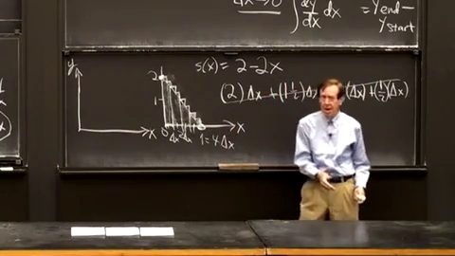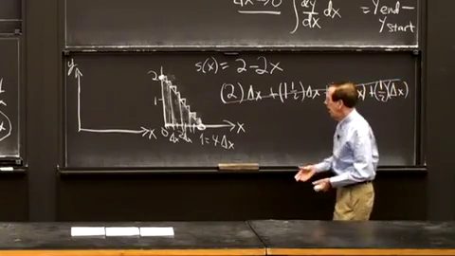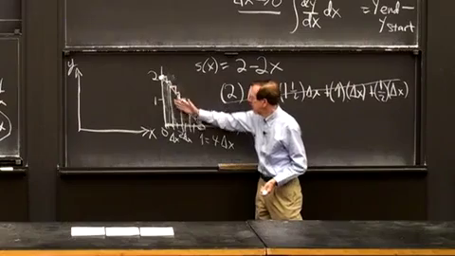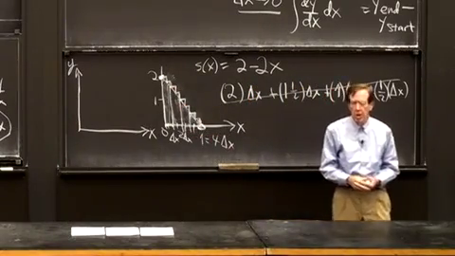now do you see what I'm getting in the graph picture? What happens to the shaded part as delta x gets smaller and smaller?